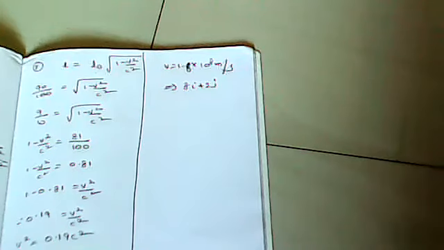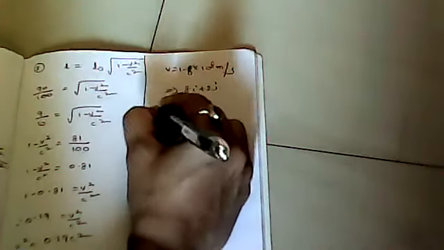X is equal to x dash root of 1 minus v square by c square. The same formula. Just instead of L, we substitute x. Just substitute the values.